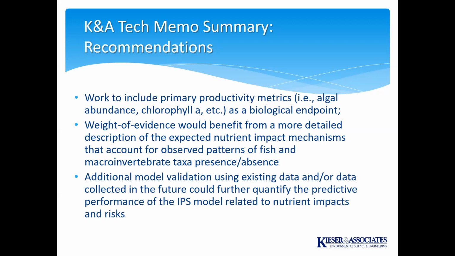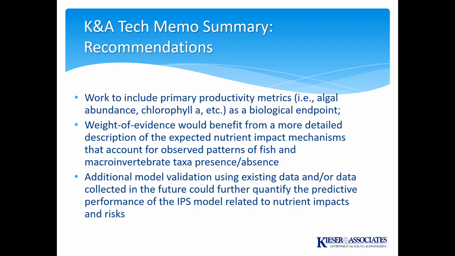Weight of evidence would benefit from a more detailed description of the expected nutrient impact mechanisms that account for observed patterns of fish and macroinvertebrate taxa presence and absence. So in other words, I think there is room for a more complete description of how nutrients are expected to modify the macroinvertebrate taxa community and the fish community.